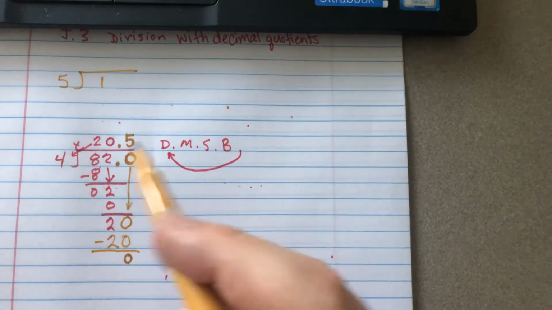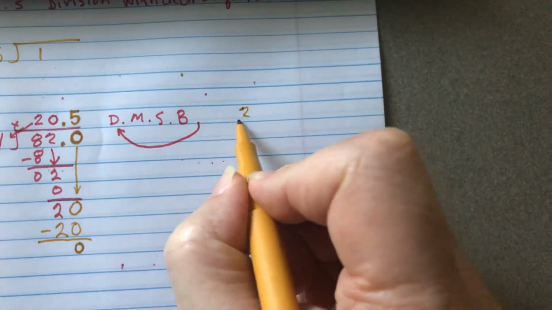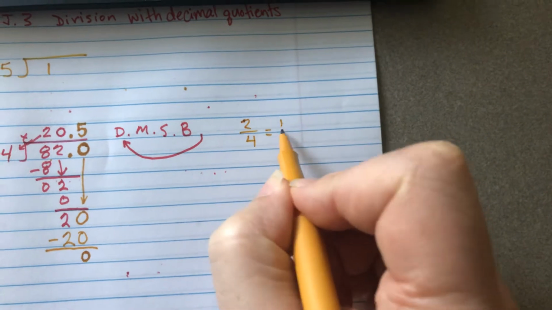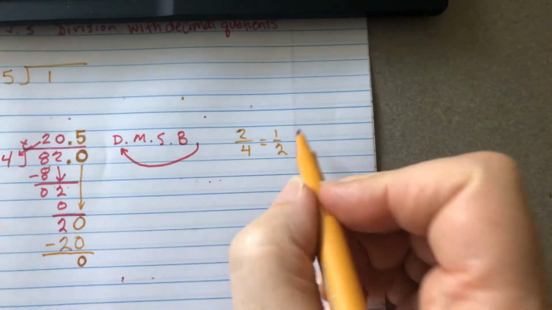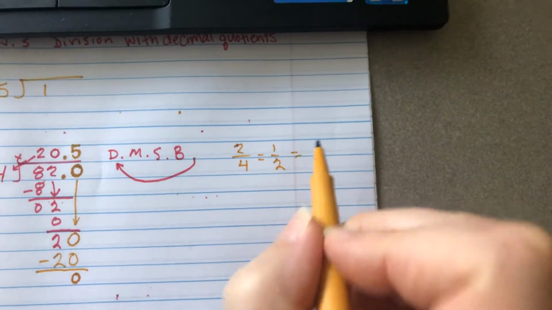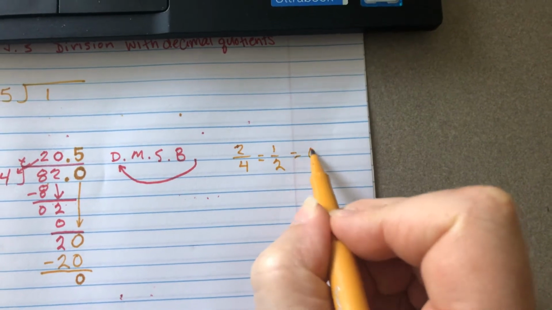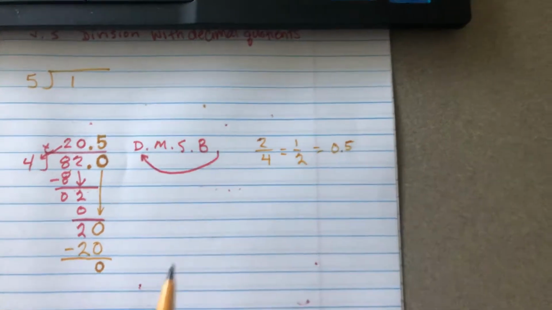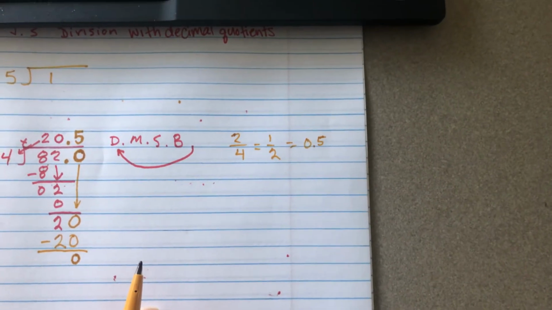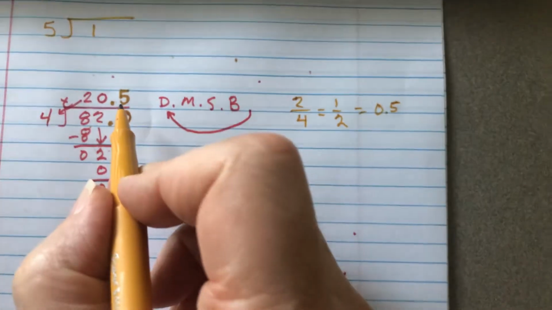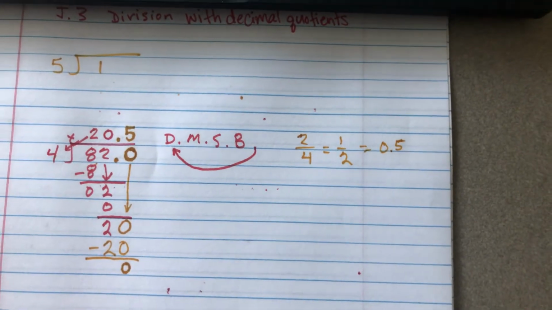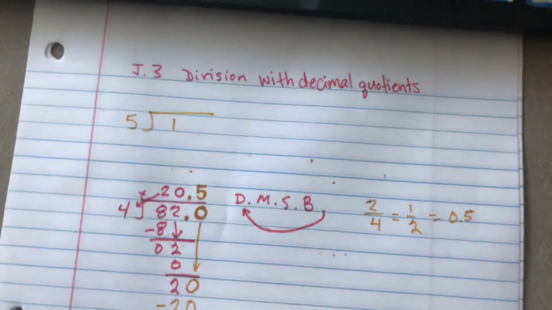Well, what is 2/4 equal to? 2/4 is equal to 1/2. And as a decimal, I know that 1/2 is equal to 0.5, or 5/10. Okay, that's how that one works.